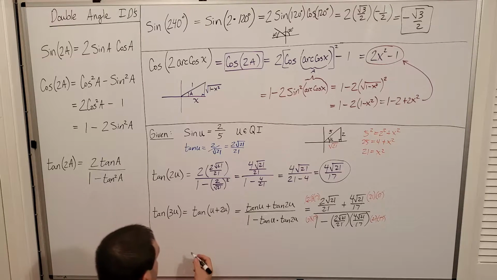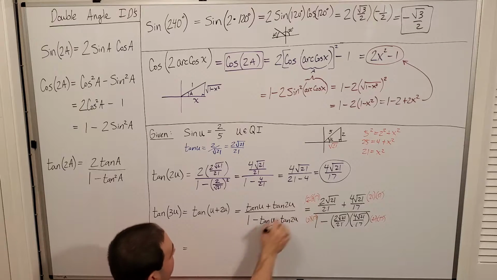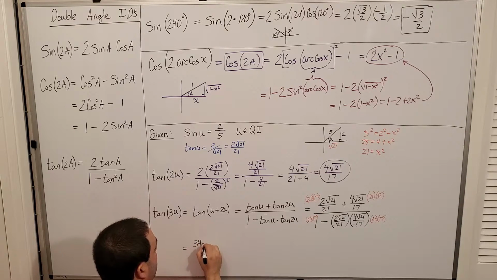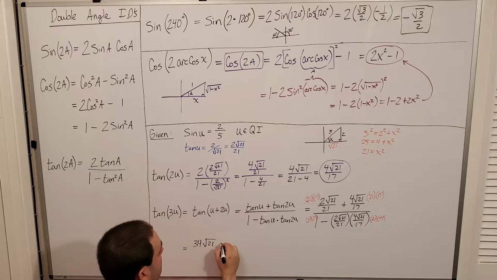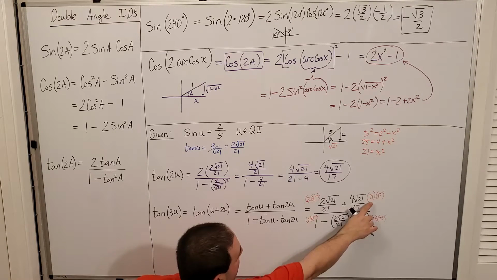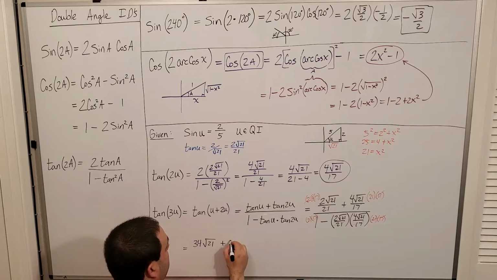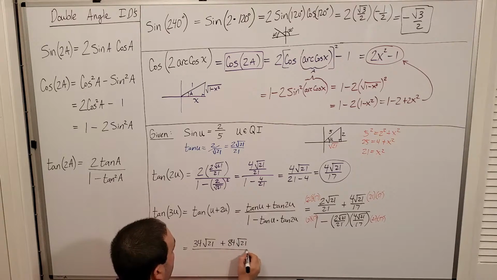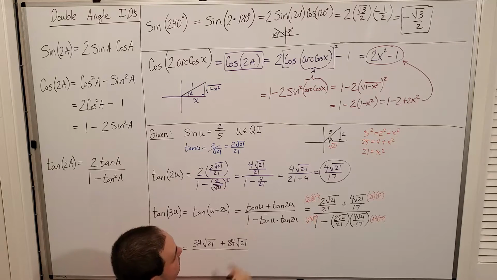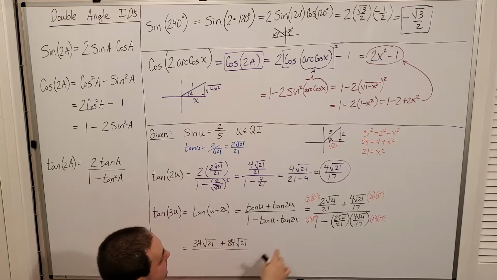So then, what I have is 34 square root of 21 plus 84 square root of 21 over 21 times 17.